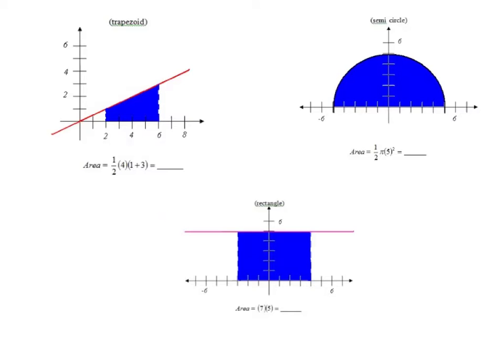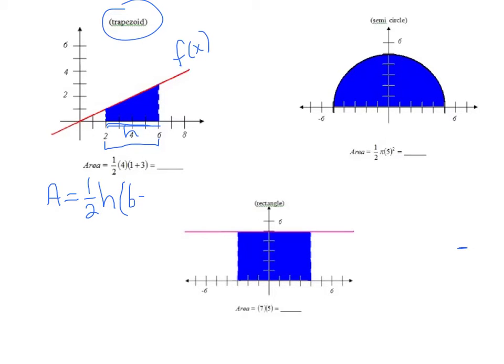Now, you're not really seeing the function, but this is f of x, which is a line, and you can see that between 2 and 6, it's not a triangle, it's a trapezoid. The area of a trapezoid is 1/2 the height of the trapezoid, and the height is right here, and then you add the two bases, base 1 plus base 2, and multiply.